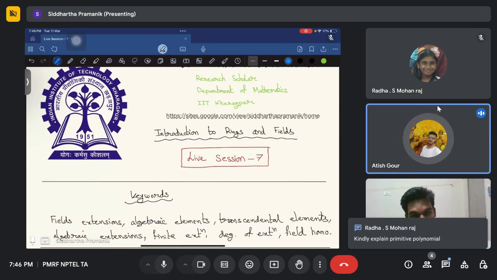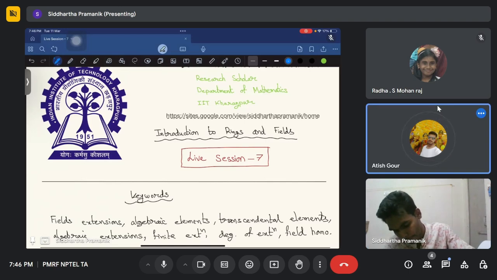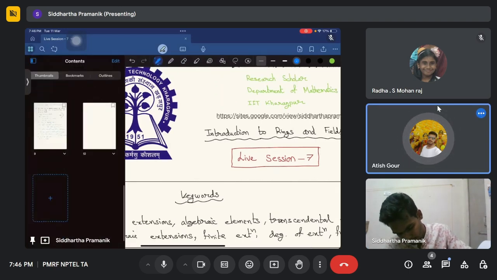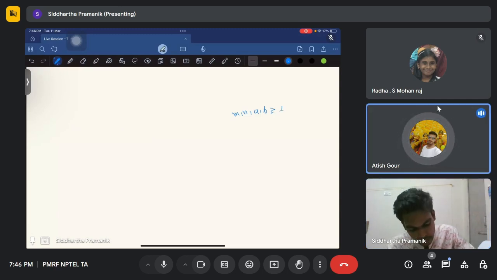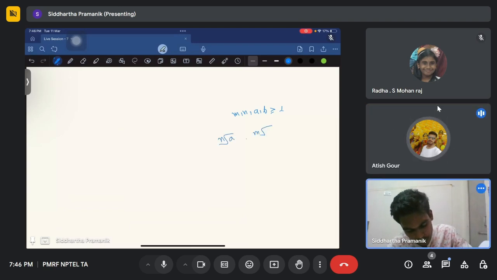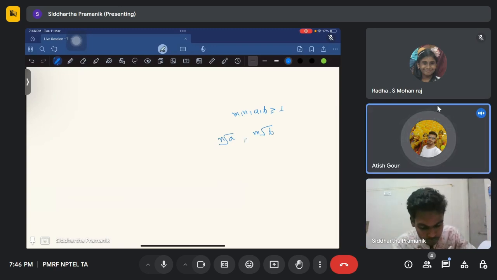Sir, one question is there. If m and n, A, B are arbitrary positive integers, and nth root of A and mth root of B, and if alpha is equal to the nth root of A plus the mth root of B, then what can you say about the degree of alpha?